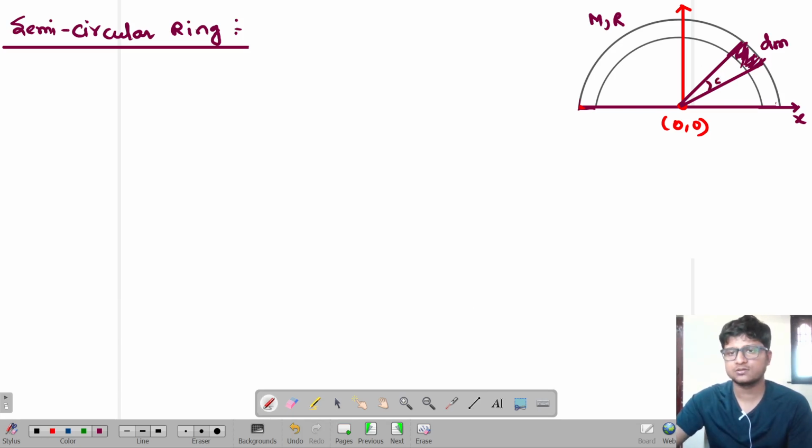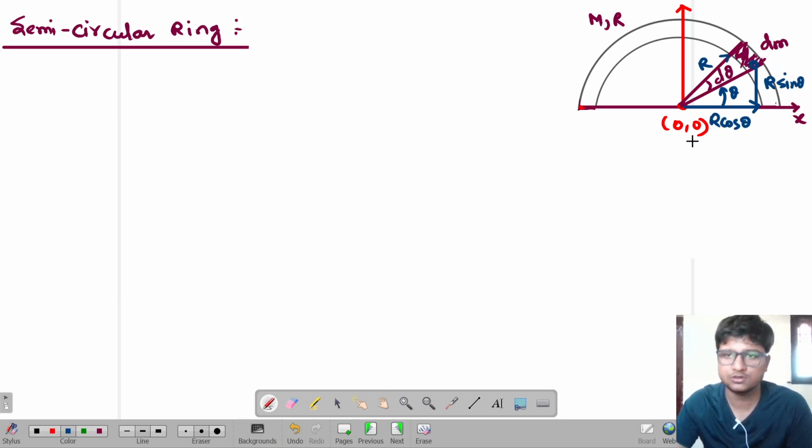But it will be located at angle theta from the base of the ring. So if I look into the coordinate of this dm, if this is r, then this is r cos theta, r sin theta. And the length of this dm will be r d theta, the arc length.